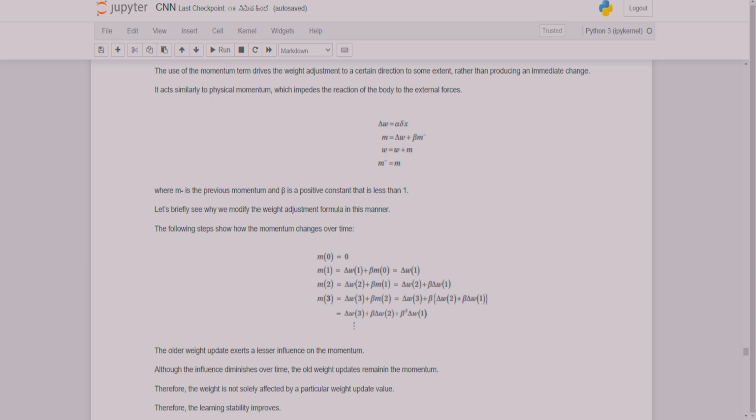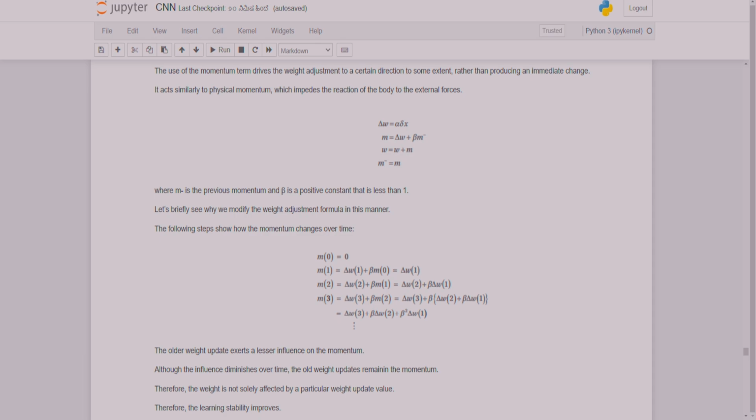So m of 1 is equal to delta W, whichever method we are following, we get a delta W, plus beta times m of 0. That beta times m of 0 will be the past momentum multiplied by beta.